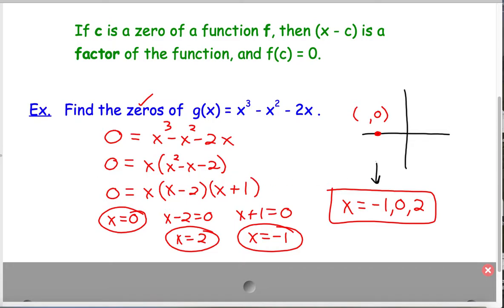And if x equals negative 1 is a zero of my function, that means x plus 1 has to be one of the factors. And if x equals 0, that means x minus 0, or just x, also has to be a factor. So if I give you the zeros, you can tell me what the factors are. And if I give you the factors, or if you're able to factor a polynomial function, then you can tell me what the zeros are.